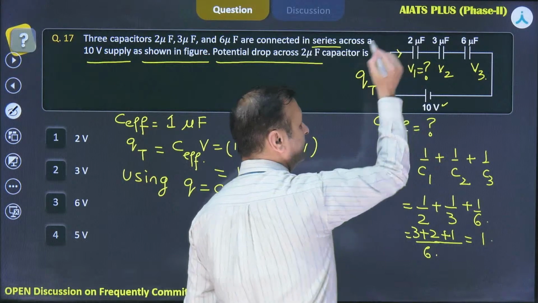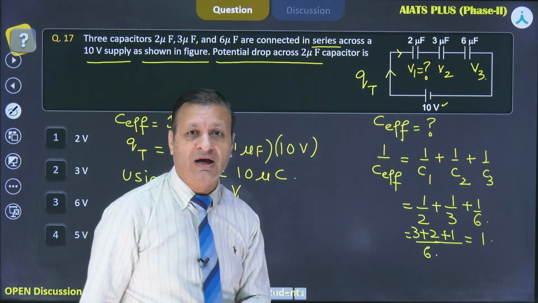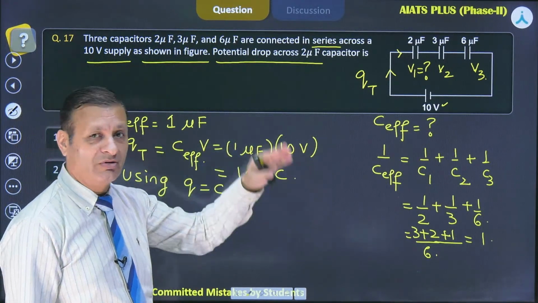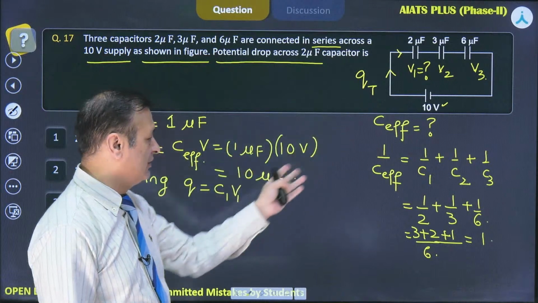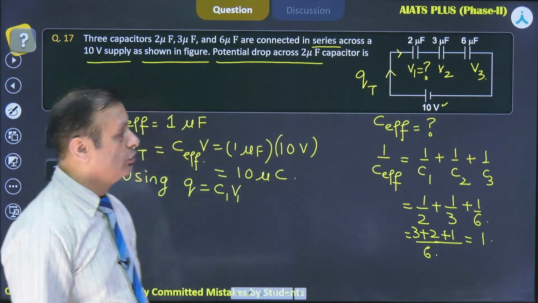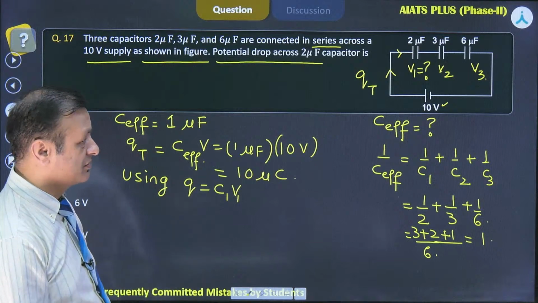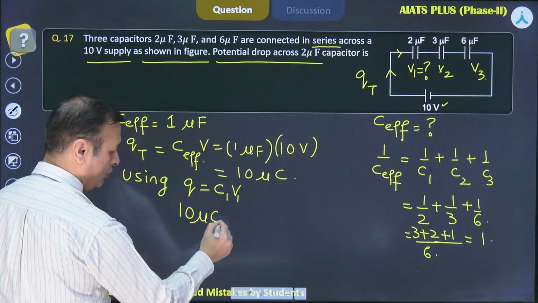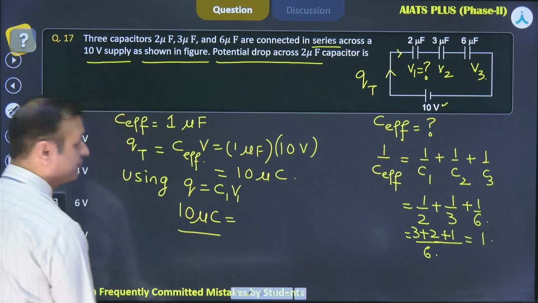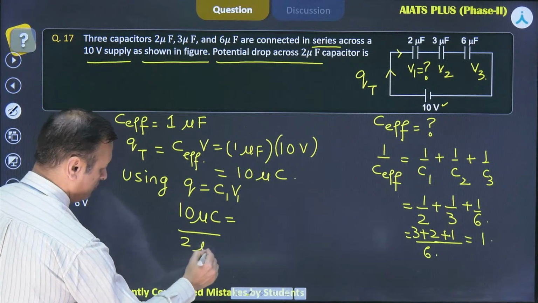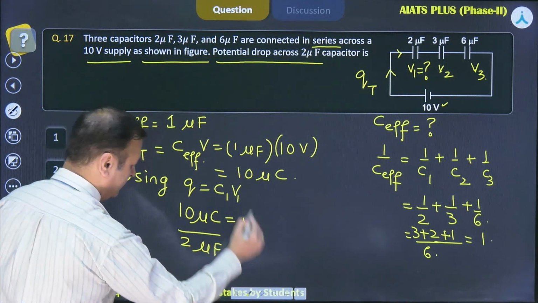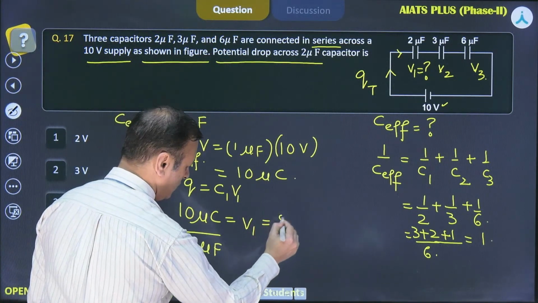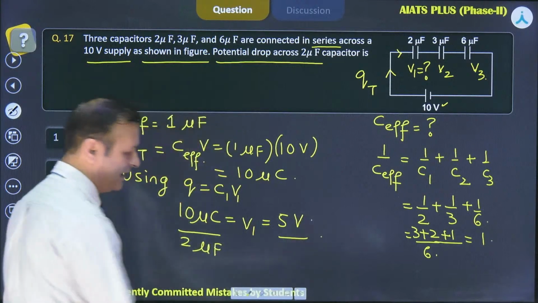Because they all are in series, the same charge will pass through all of them, that is 10 microcoulomb will flow through all the series capacitors. So this will remain 10 microcoulomb. What is the value of C1? C1 is 2 microfarad, and that gives me the value of V1. So this gives me 5 volt as the answer.